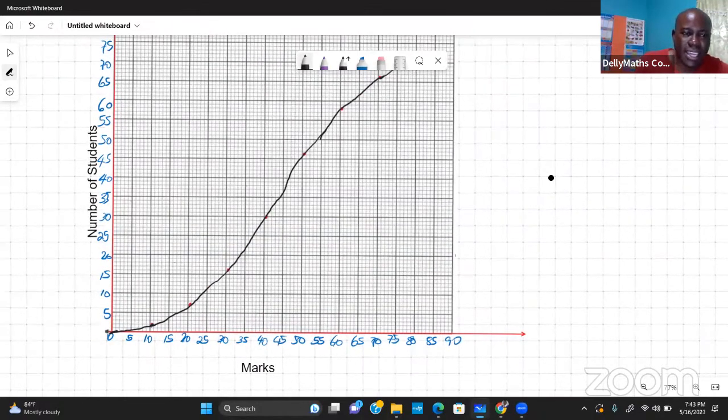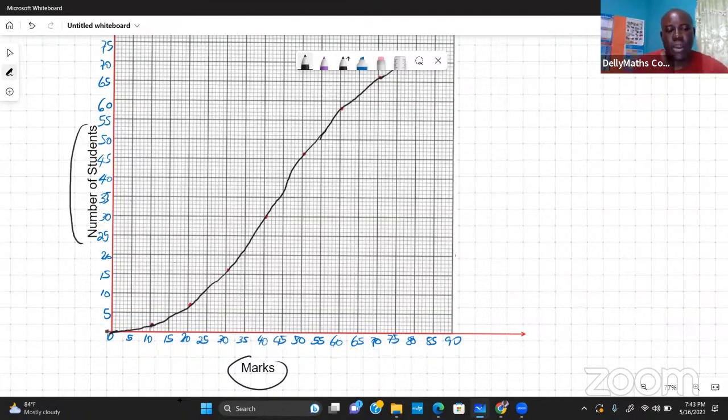The context is that we're dealing with some scores from a test and the number of students. If I draw my curve through 0, 0, I am assuming that nobody got 0, because 0 means 0 students for 0 marks. So that's what 0, 0 there would represent.